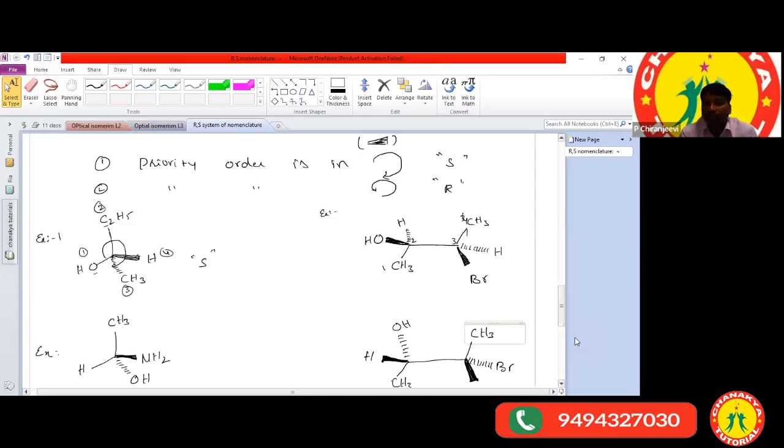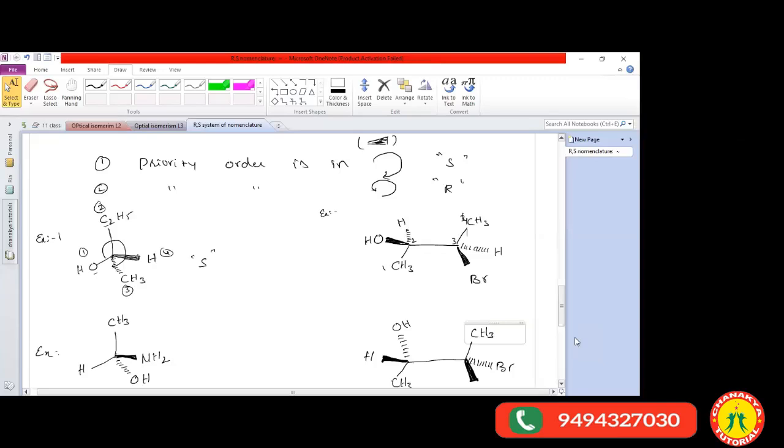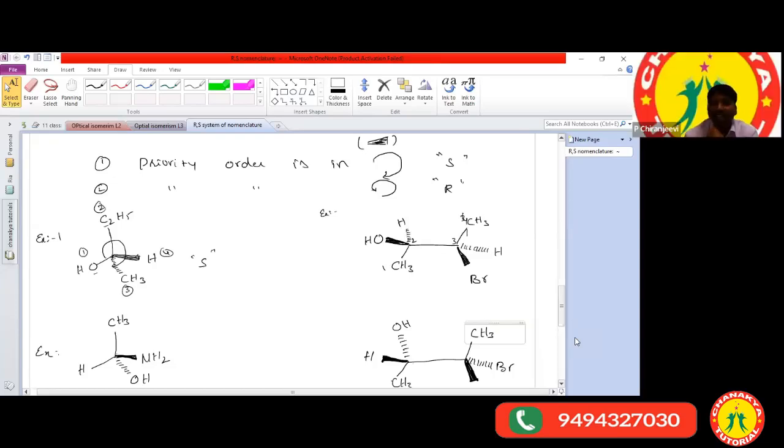Which carbons exhibit the RS configuration? Sir, I did not listen to the previous class. Okay, anyway, I'll explain. Chiral carbons exhibit the RS configuration.